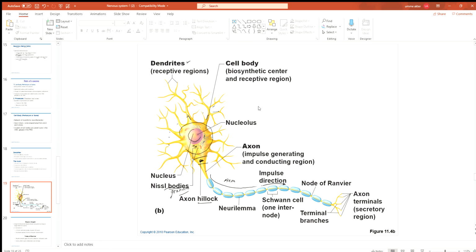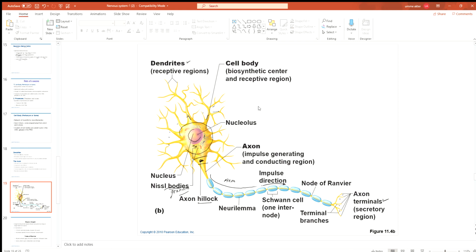Okay, so processes are dendrites and axon. Now the end of the axon, if you see the end part, there are a number of branches, and these are called axon terminals. Makes sense? The branching ends of the axon are the axon terminals.